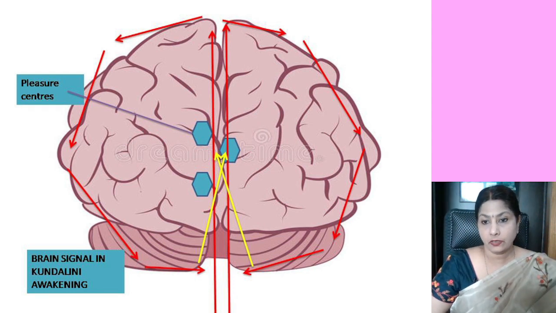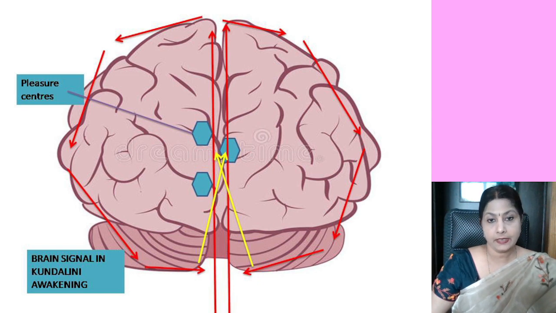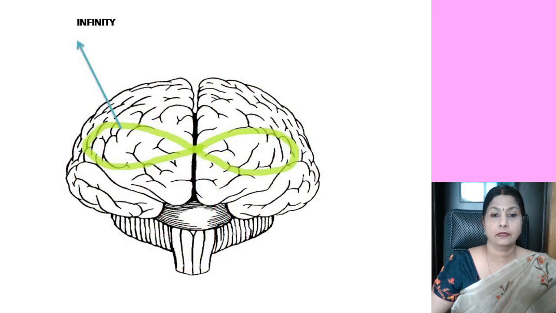When we look at the picture closely here, we notice that the signals in the brain are following the infinity pattern. That is, the signals on the right hand side are moving on to the left hand side, and the signals on the left are crisscrossing and moving on to the right hand side, and they're creating the infinity symbol like this here.